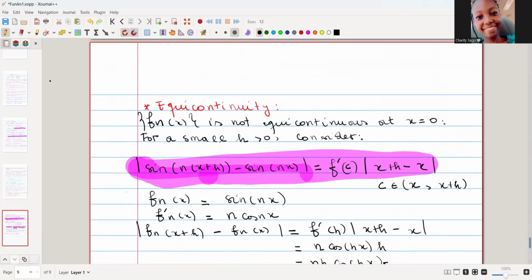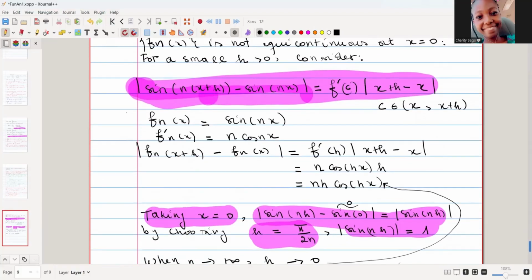But to check the equicontinuity, you can find the definition of equicontinuity maybe in your notebook.